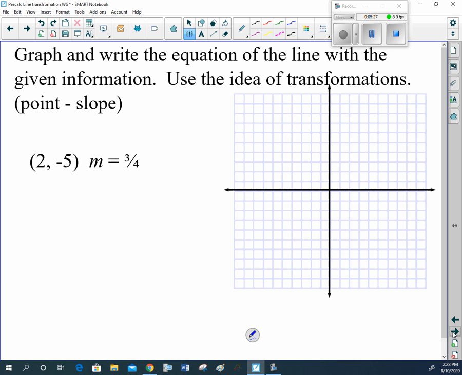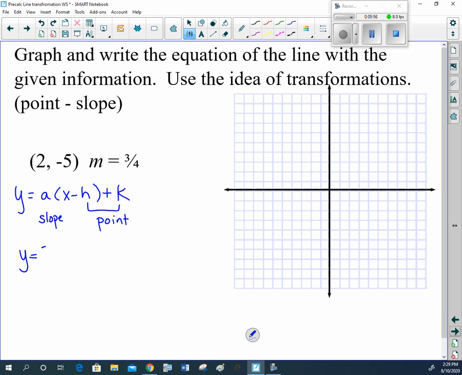So we can graph anything with our A, H, and K, our transformations. We can use all of that. This one says graph and write the equation of a line with the given information. Use the idea of transformations. So point slope is what you're used to, but we're not going to put it in point slope. We're going to put it in our H, K format, remembering that this is the point and A is the slope. That's our average rate of change, our vertical stretch and shrink, right?